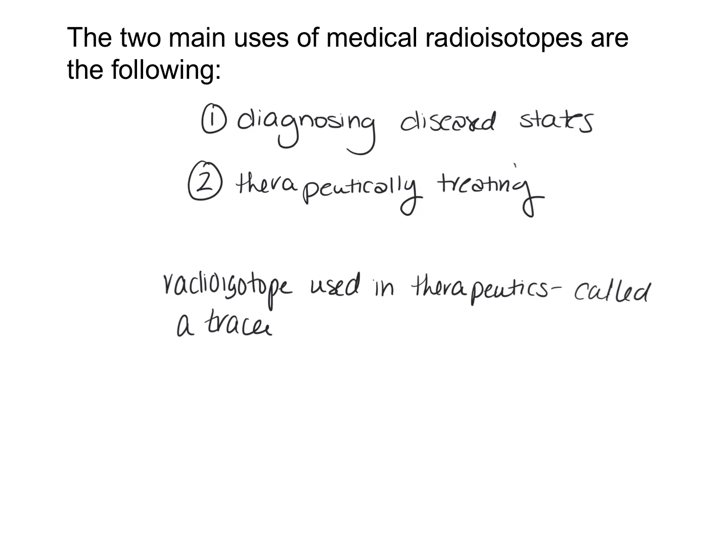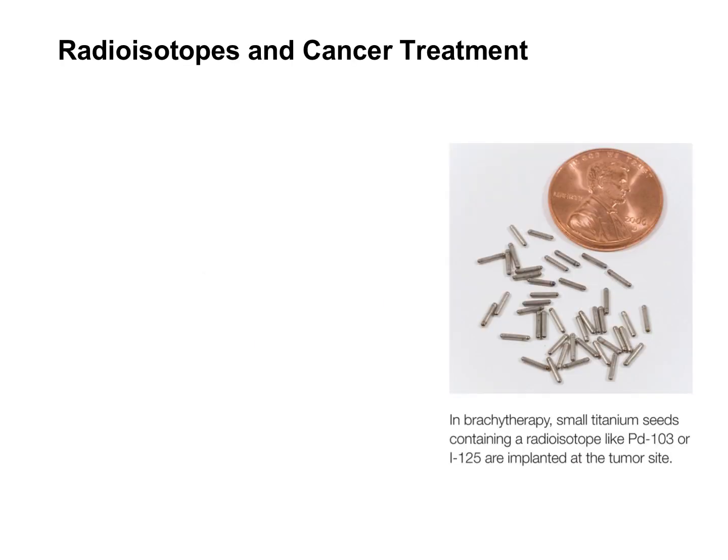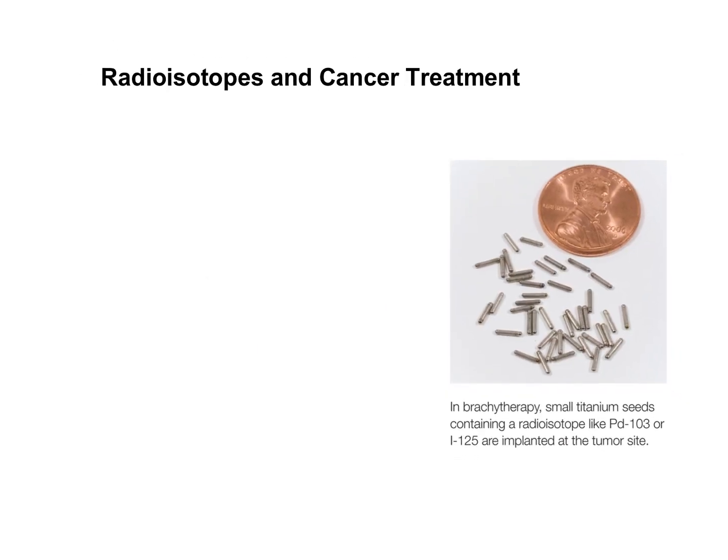So we've talked a lot about diagnosing disease states, right? So the PET scan, and you could see diagnosing a diseased state with a thyroid. But now I want to talk about therapeutically treating. So radioisotopes can be used as cancer treatments in external beam radiation therapy.